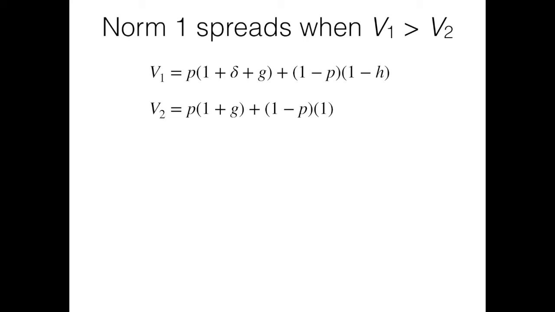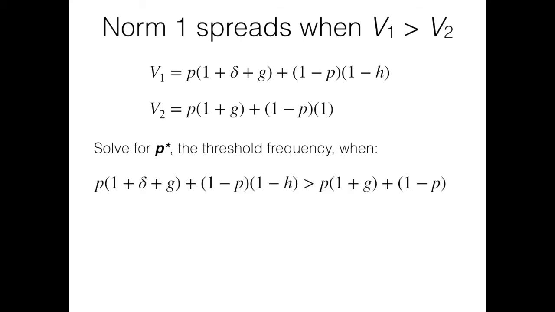So let's just do some math and set v1 greater than v2, and then solve for p star, which is going to be the threshold frequency above which norm 1 spreads. So here I've just written the two payoffs out, one on each side of the greater than sign. We're going to solve for when the payoff to norm 1 on the left side is greater than the payoff to norm 2, the right side.